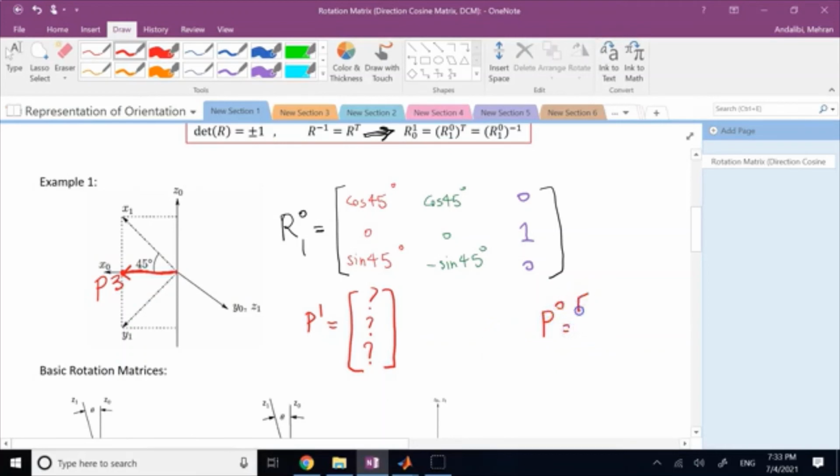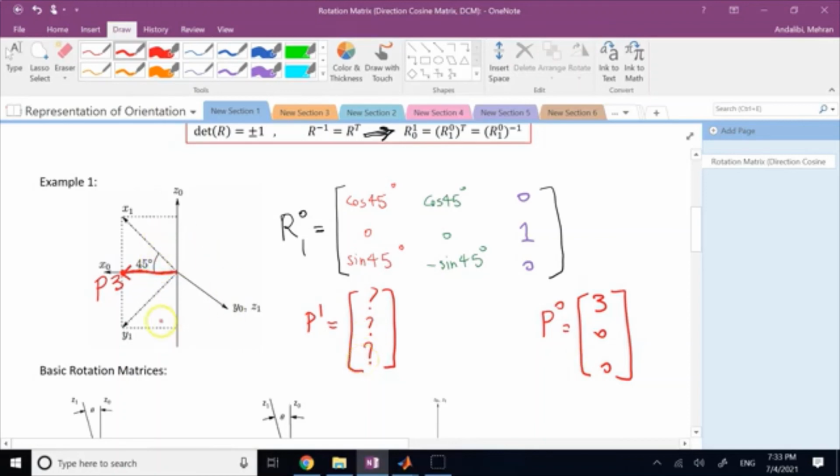That's not really hard, because it is 3 units along x0. So that's 3, nothing in y0, nothing in z0. So that's 3, 0, 0. You see how simple that is? In frame 0, because of the way it is oriented, the coordinate of P is very easy. But what about frame 1?